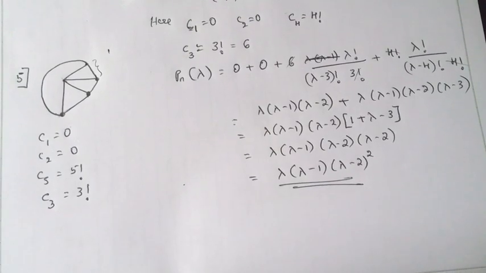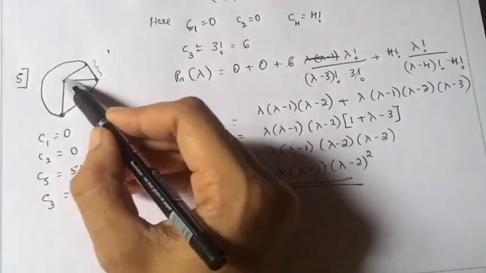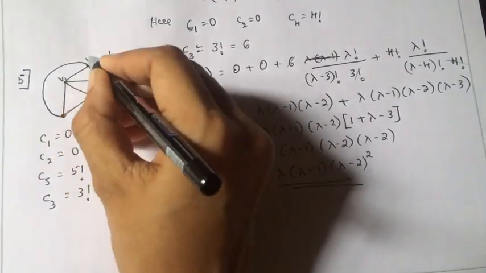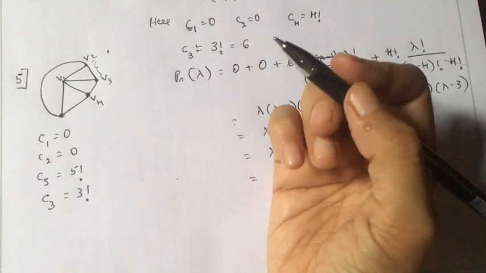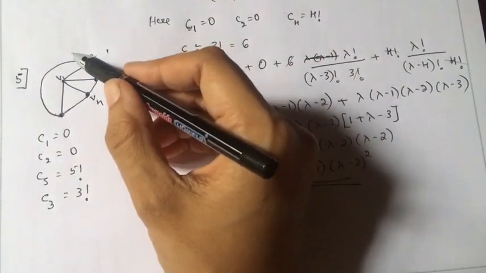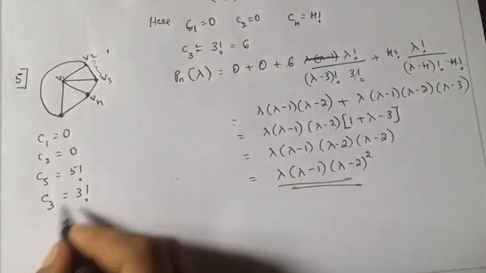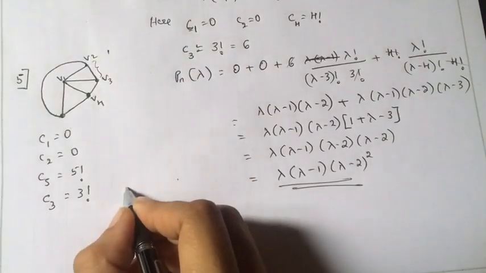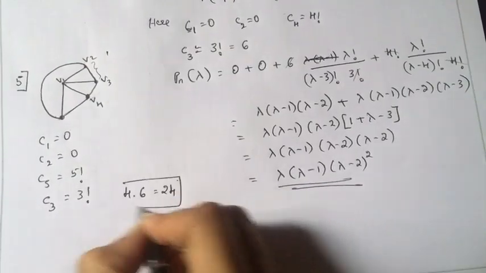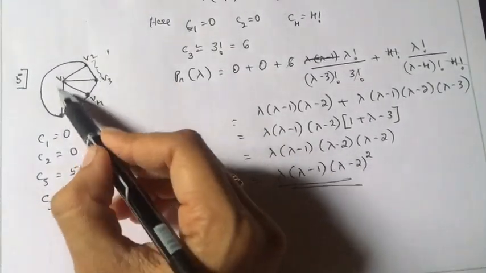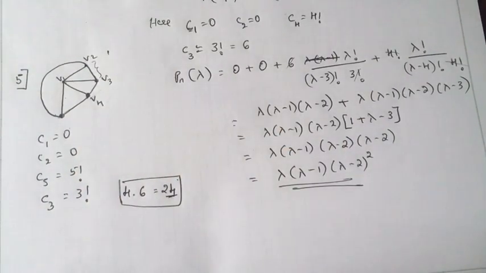Okay, and to get c4, I have 4 colors and I'm coloring say v1, v2, v3 and v4. So coloring these 4 vertices with 4 colors can be done in 4 into 6 ways, that is in 24 ways. Only these 4 colors for these 4 vertices can be colored in 24 ways.